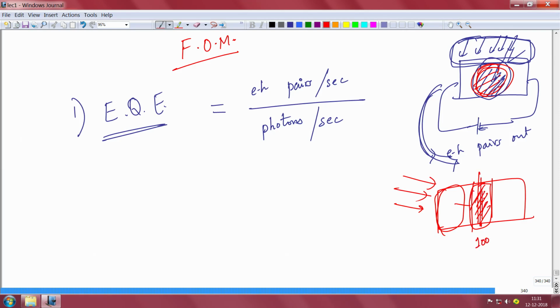Out of those 100 photons, how many lead to the generation of electron hole pairs? Suppose 95 of the photons generate 95 pairs of electrons and holes in the active region. Then the IQE will be 95%, because 95% of the photons absorbed in the active region are converting themselves into electron hole pairs.